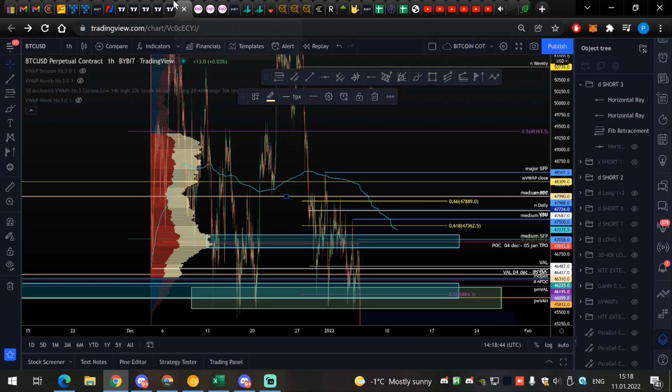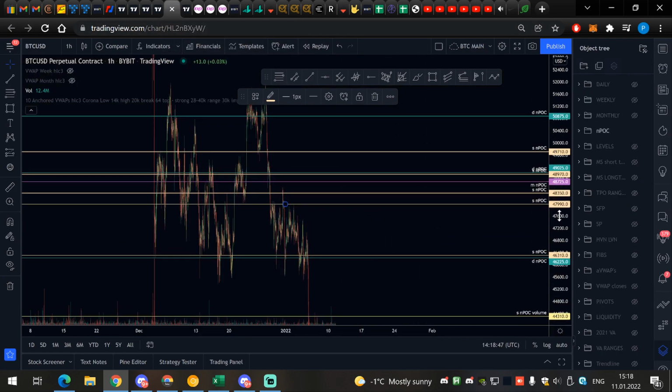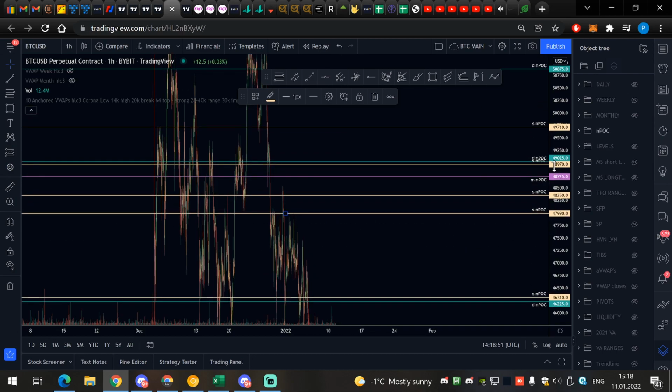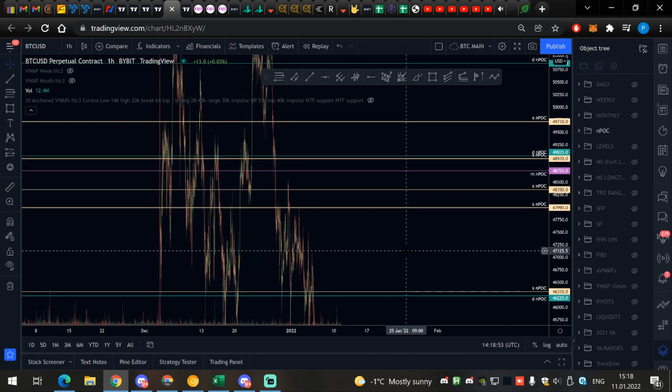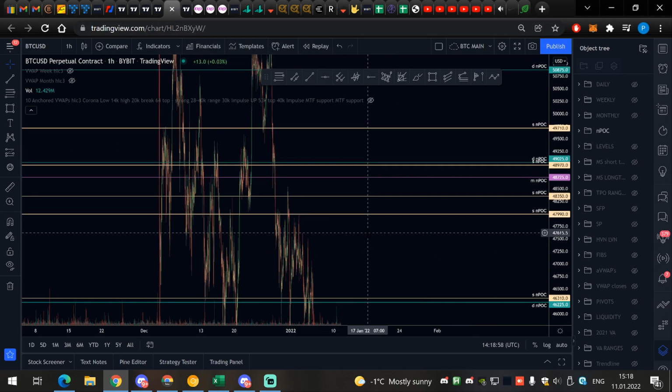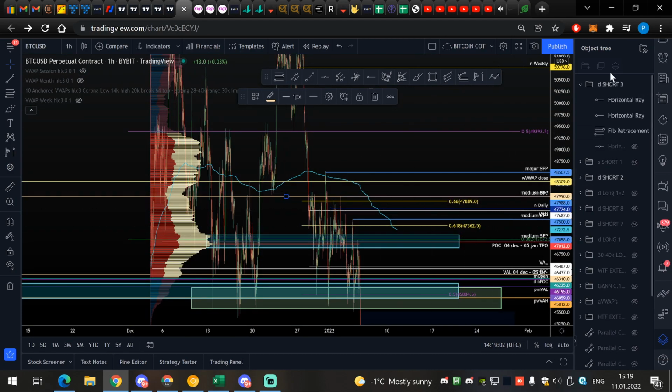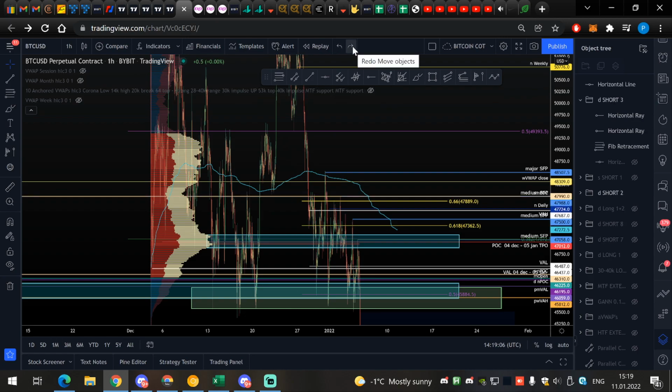Short 2. Actually, we can keep him in both setups. Why not? So they short, we can hide. Okay, let's go.